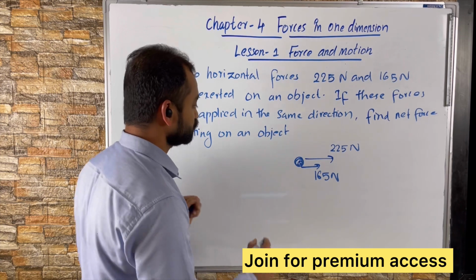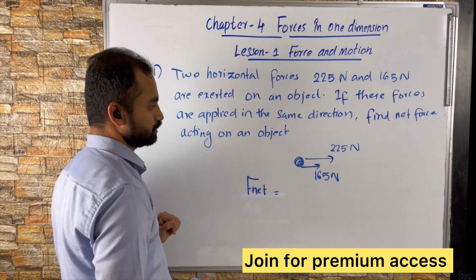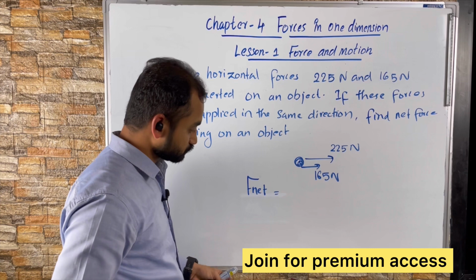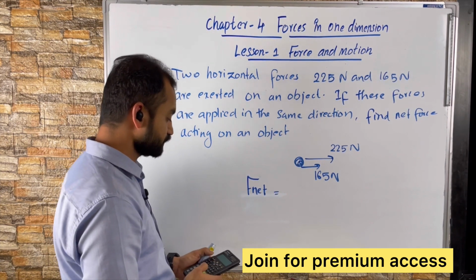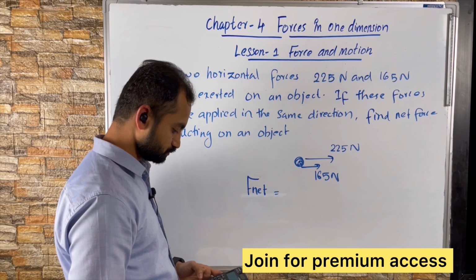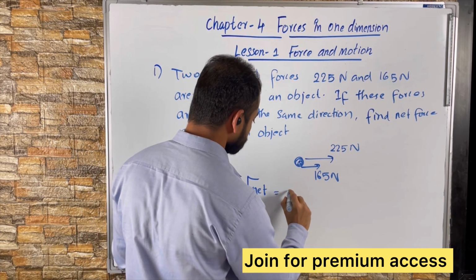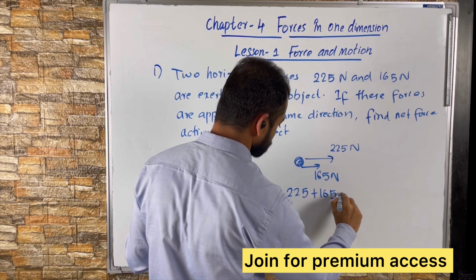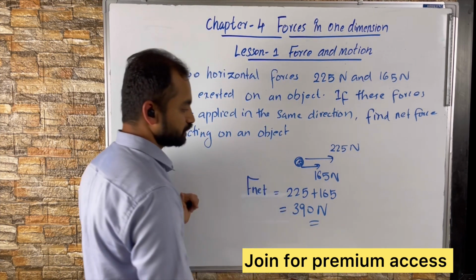Okay, so what is the net force? Can you tell what is the net force? Yes, it is the vector sum of all forces, but calculate and tell what is the answer for this question. You said 225 plus 165, that is equal to 390 Newton, right?